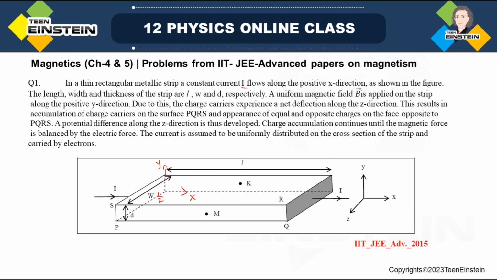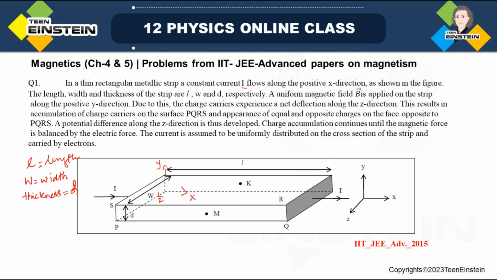The length, width, and thickness of the strip are: length is L, width is W, and thickness is D for this thin metallic strip.